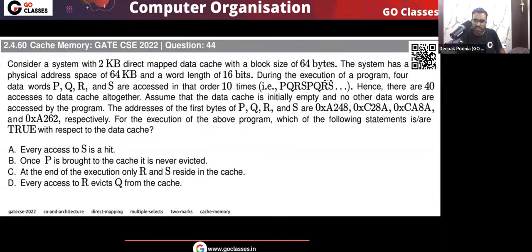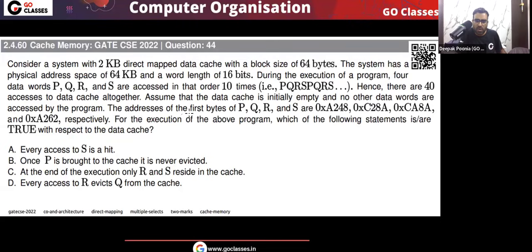The program only accesses PQRS in this order 40 times. You can see a total of 40 accesses are there. No other data word is accessed by the program.